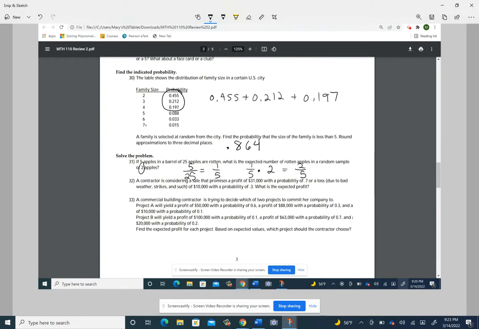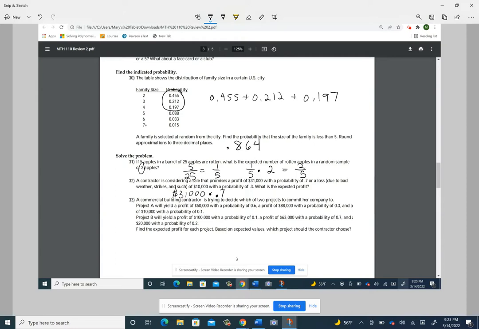So question number 32, you got this contractor. He's considering a sale that promises a profit of $31,000 with a probability of 0.7, or a loss of $10,000 with a probability of 0.3, and you want the expected profit. So you take your profit of $31,000 times the probability, which is 0.7, plus the profit, which is actually a loss.